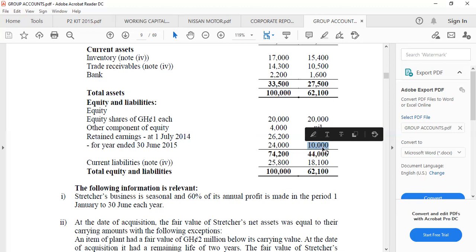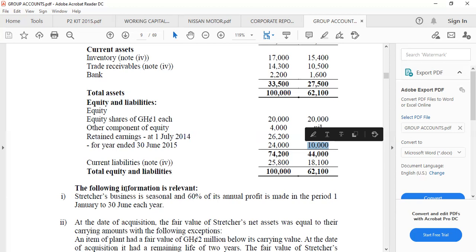We divide this by 2, then we get 5,000. It means that they made a profit of 5,000 before we acquired them. Then we add it to the retained earnings at the beginning, and that will be the total retained earnings at the date of acquisition. But let's see whether they say something about that particular thing.